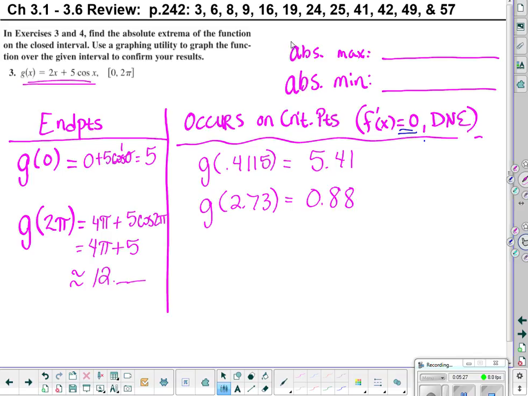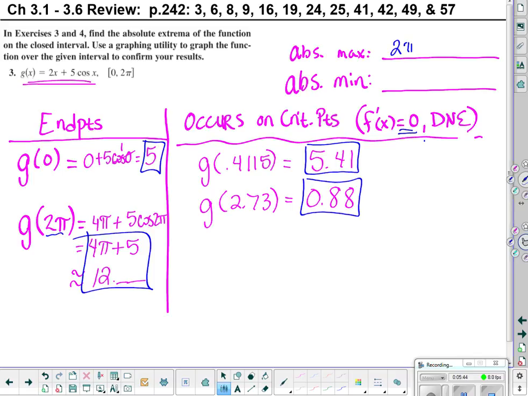Now, it is really just a comparison of y values. So I'm looking at these 4 y values, and the question is, which one's the largest? Well, it was the 12, and that occurred at 2 pi. So it'd be 2 pi, comma, 4 pi plus 5 as an ordered pair.